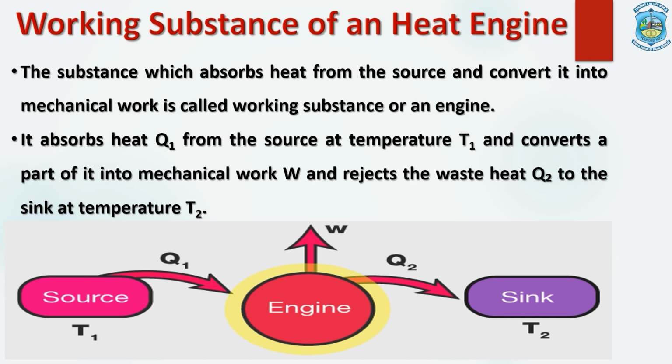Q1 is the heat coming from the source, and the temperature of the source is T1. The engine converts a part of this heat into mechanical work, which we denote as W, and rejects the waste heat Q2 going towards the sink. The temperature of the sink we take as T2.